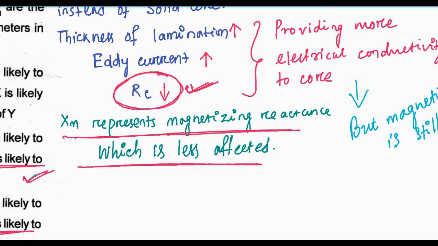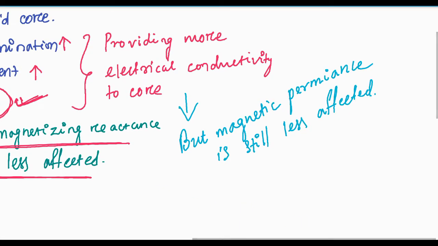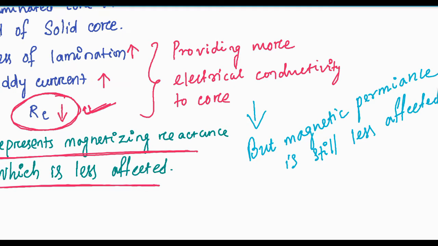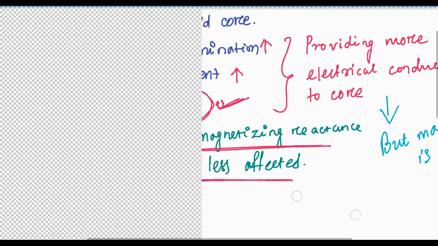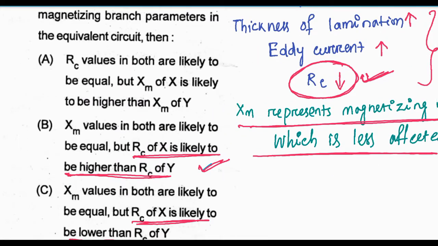So we always have to eliminate the electric path by laminating the core. So this RC decrease means more electrical conduction in the core, but the magnetic permeability or the permeance is still less affected. So here the answer is B.